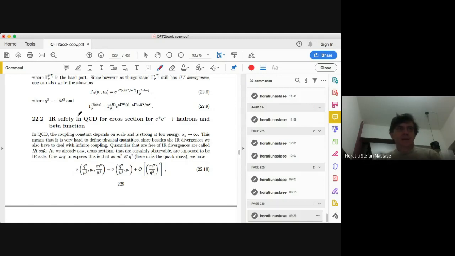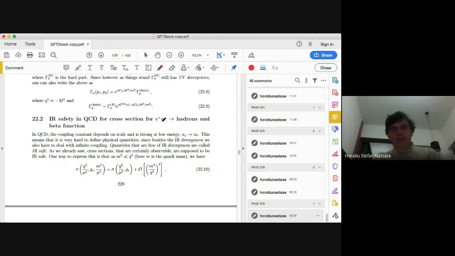Asymptotic freedom meant that experiments at high energies are perturbative, but that means that alpha strong goes weaker with increasing momentum, but then goes stronger with decreasing momentum. So in principle, we would think that there's a problem that at low momenta the cross section might diverge, but in fact they are infrared safe, meaning that they are finite for low momenta.